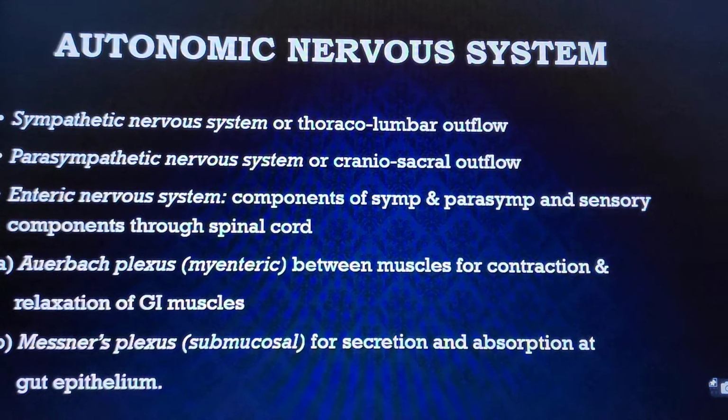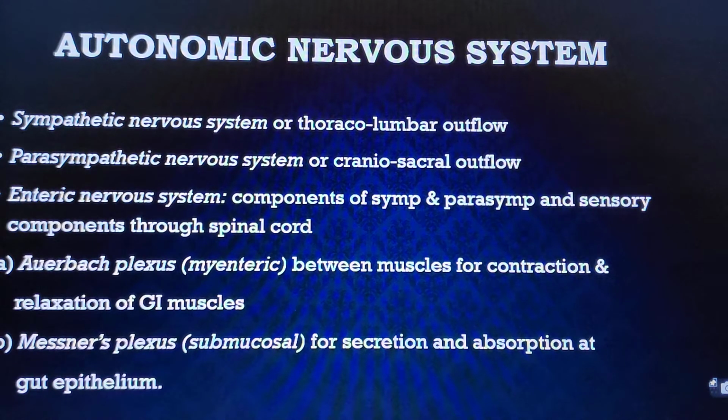The enteric nervous system, which is mainly confined to the GI tract, has two major nerve plexuses. One is known as Auerbach's plexus or myenteric plexus, which is between the muscles for contraction and relaxation. The other one is called Meissner's plexus, also known as submucous plexus, which is for secretion and absorption in the GI tract.